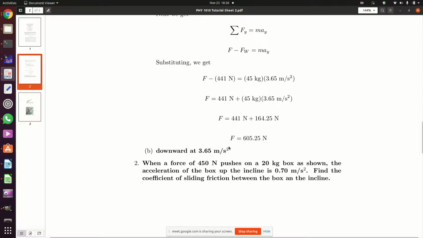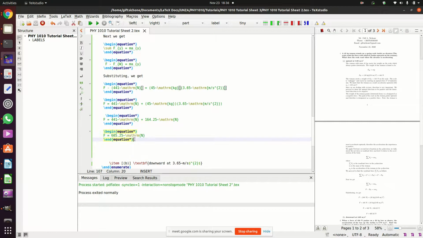Okay, so that's what we get. So the spring will have a reading of 605.25 newtons.